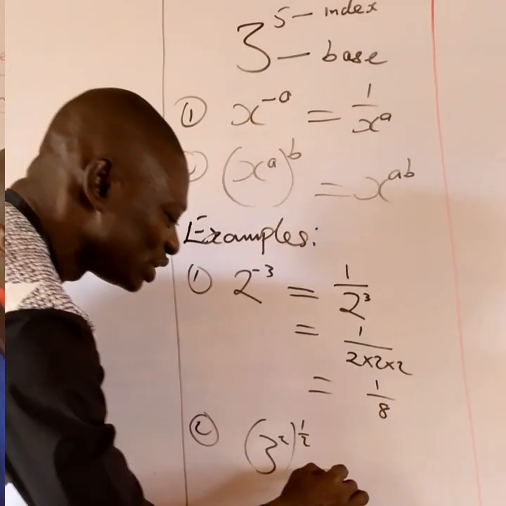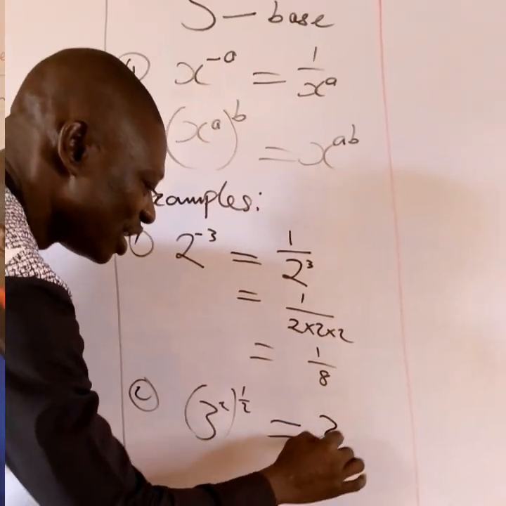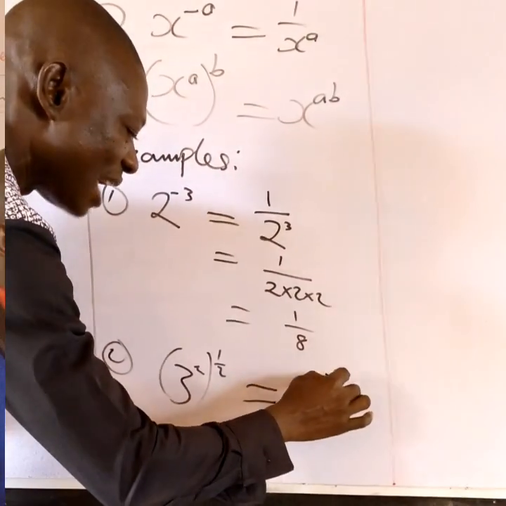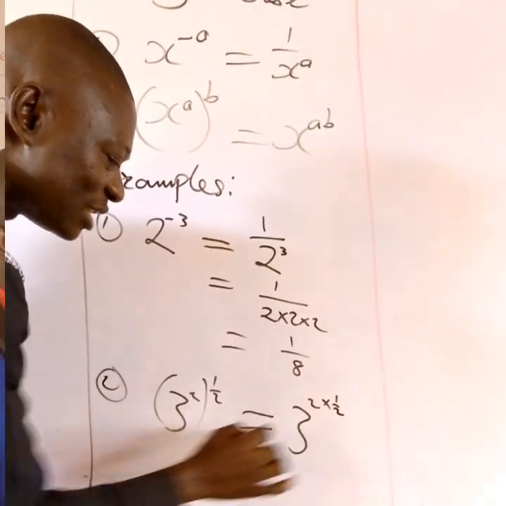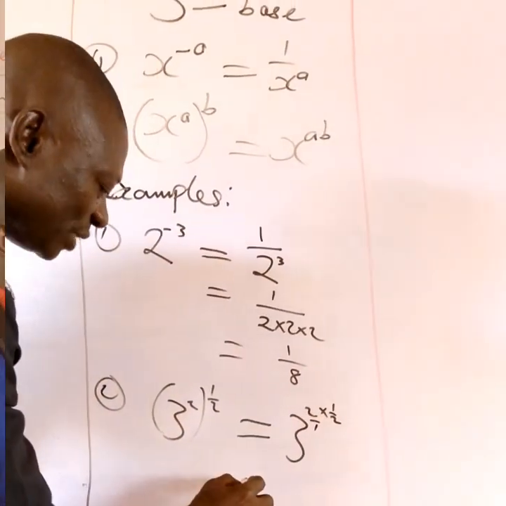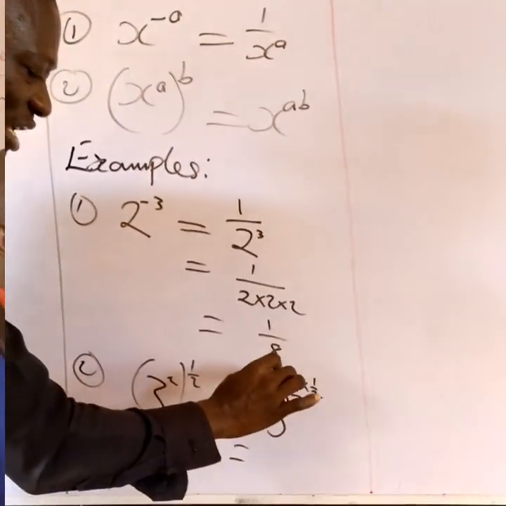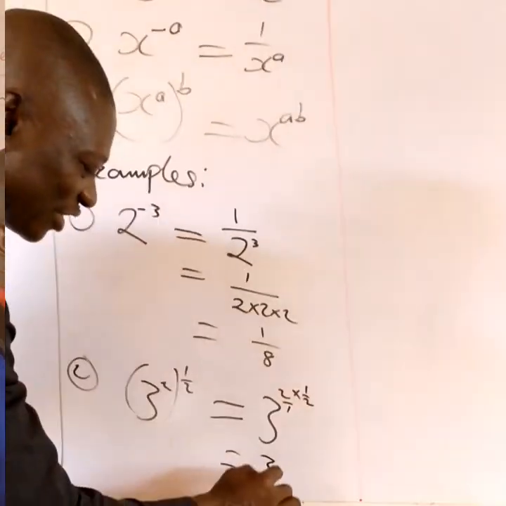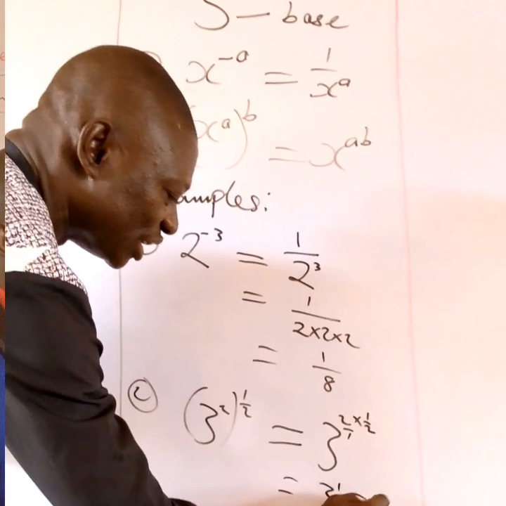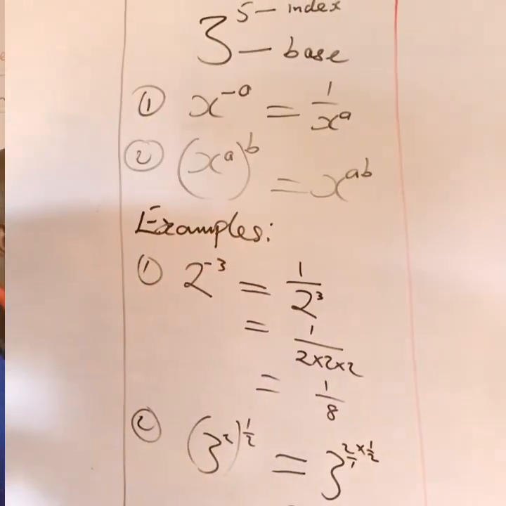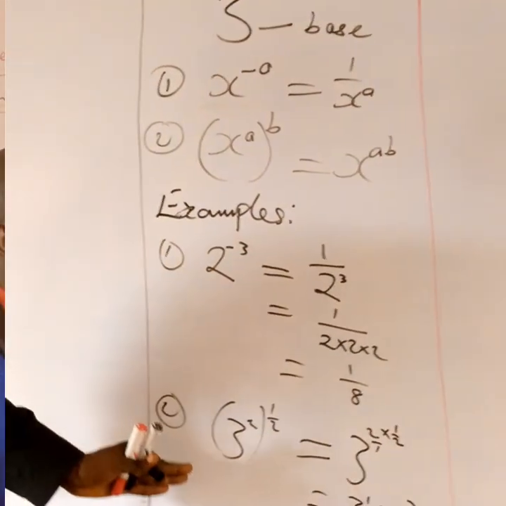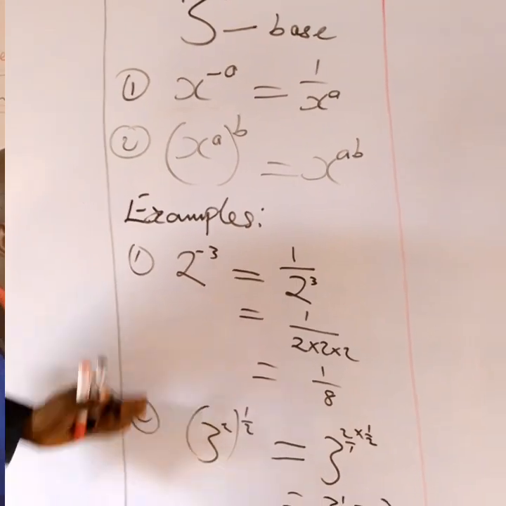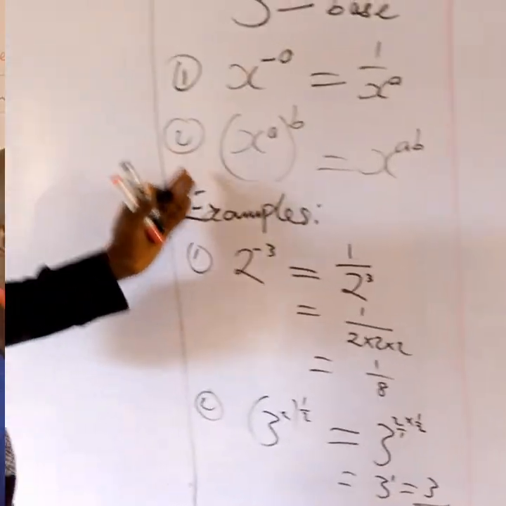It means this is equal to 3 raised to power 2 times 1 over 2. Remember that 2 is 2 over 1, which means we divide 2 through 1, and that gives us 3 raised to power 1, which is 3. That is the last answer. That is question number 2, illustrating law number 2.